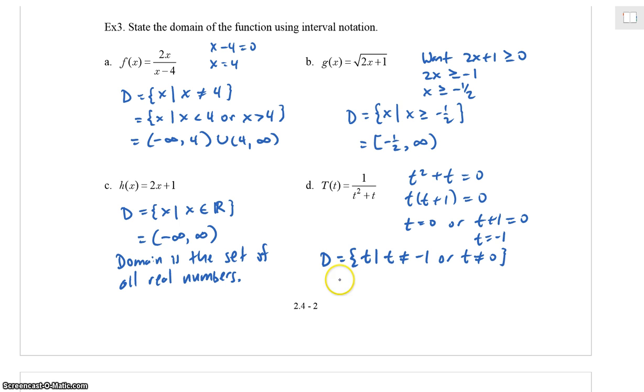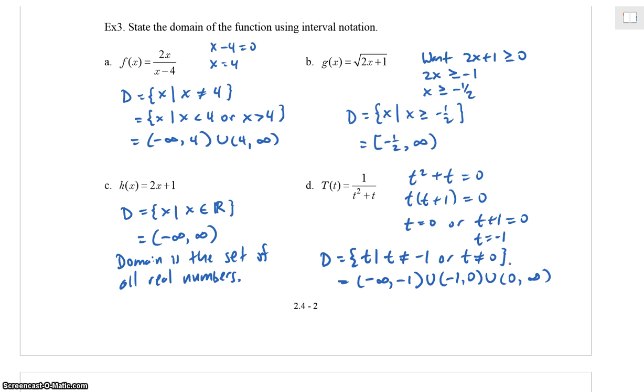In interval notation, that's represented as follows. We're going to go from -infinity to -1, but leave -1 out. Then we'll go from -1 to 0, again leaving both of them out. We're using parentheses, as you can see. And then we can go from 0 to infinity. And we connect these with union symbols.